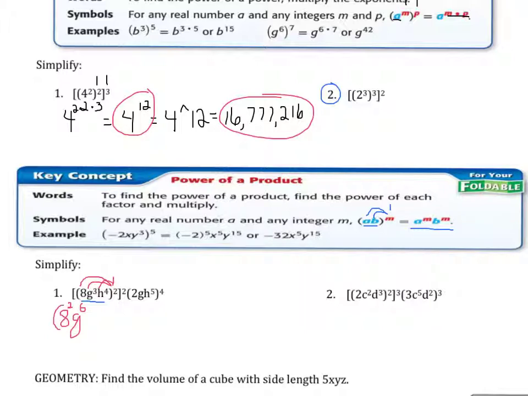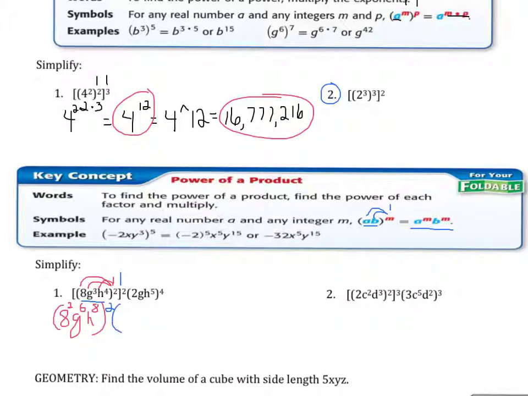Then h to the 4th raised to the second power is going to be h to the 8th, because we multiply the exponents. Now we have to remember that all of that is still raised to the second power again. So we still have that 2 hanging out right here.